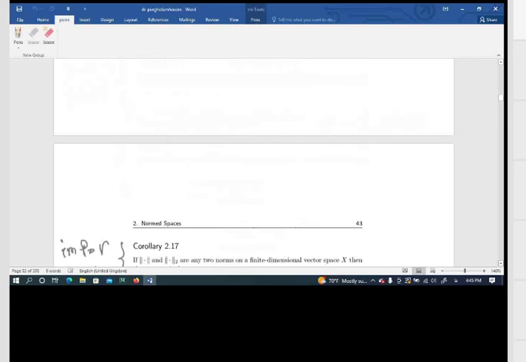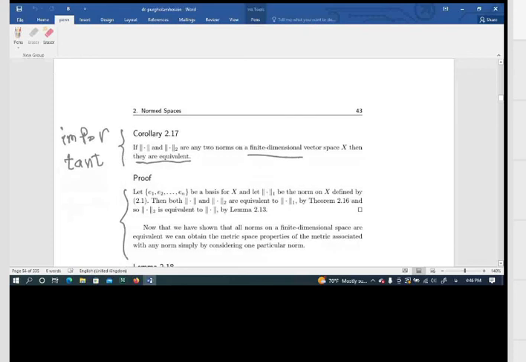Corollary. As I said, if norm 1 and norm 2 are any two norms on a finite dimensional vector space. This is true only for finite dimensional vector spaces, not for any vector spaces. For finite dimensional vector spaces, any two norms are equivalent.